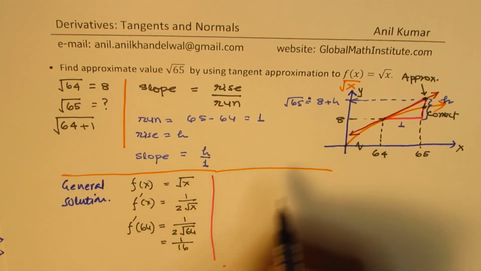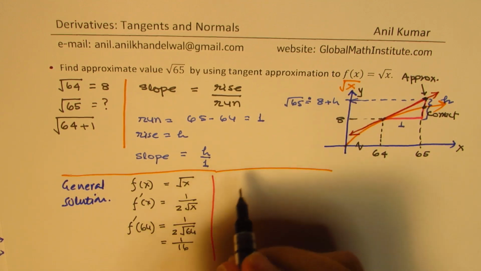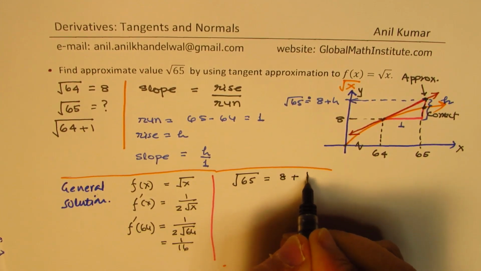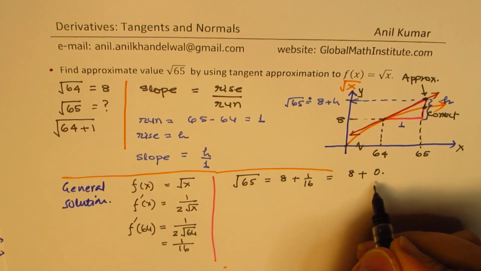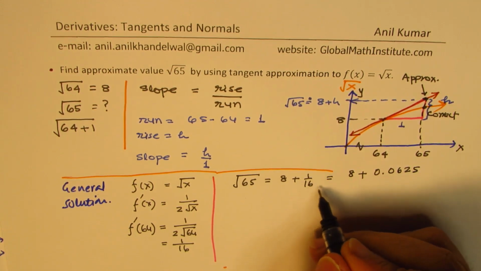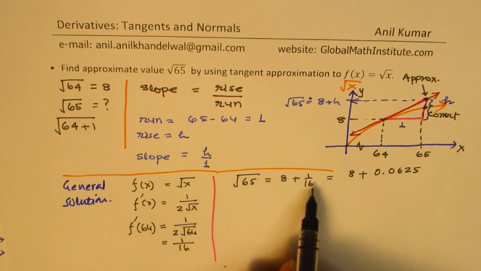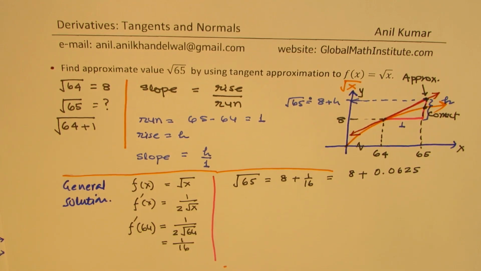From here we can say, since this is the slope and given the situation, we can straight away write that the square root of 65 is basically equal to 8 plus 1 over 16, which is 0.0625. Okay, that is 1 over 16. It's an easy number to remember since 25 squared is 625, right? Do you get an idea? 25 squared is 625, and that helps you to understand how we get this value.